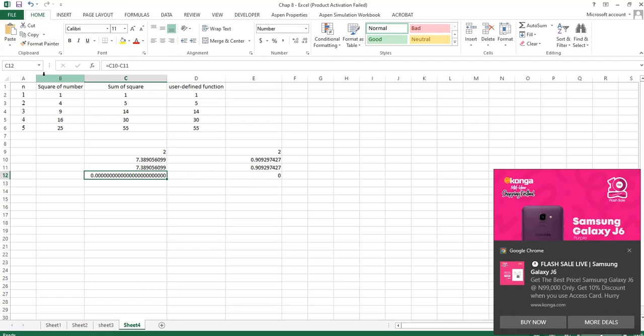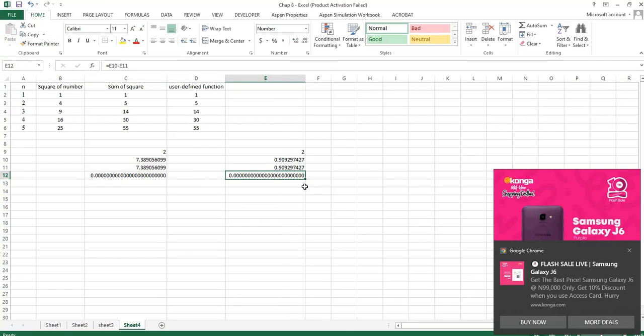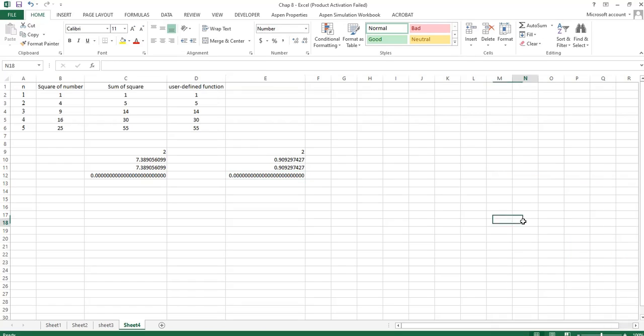Let me go to the Home tab, Format Painter, select this. So there is no difference, it's just the same thing. So we are done with this user-defined function we created just now.